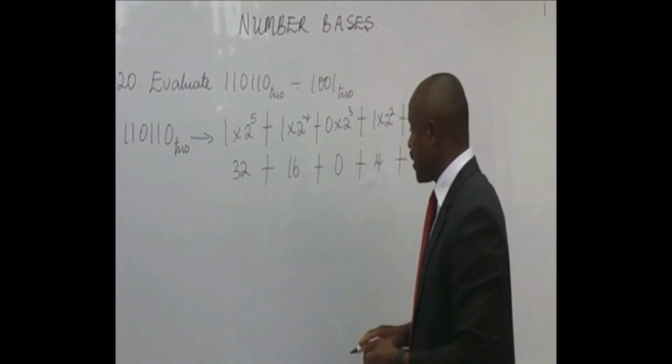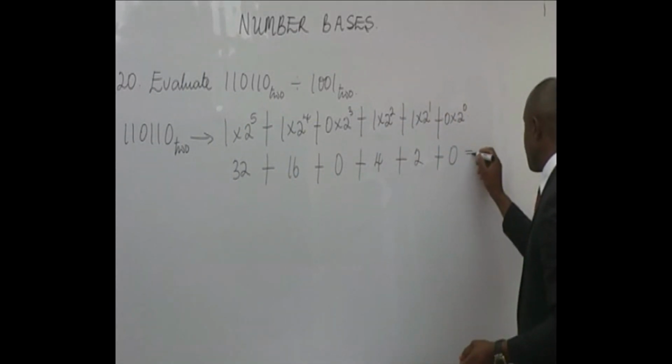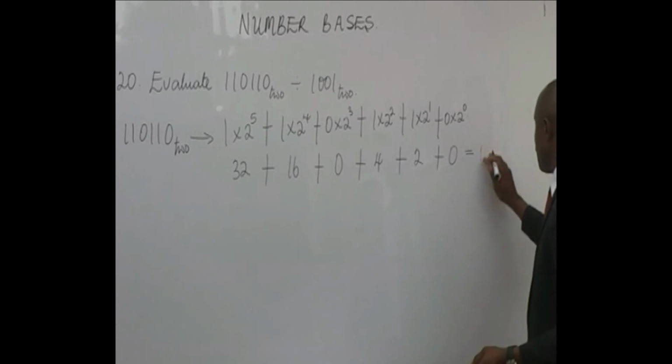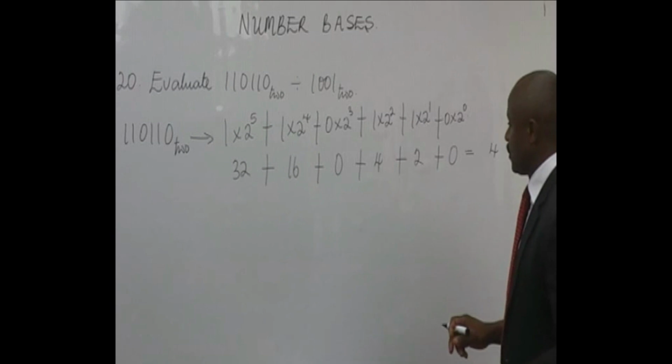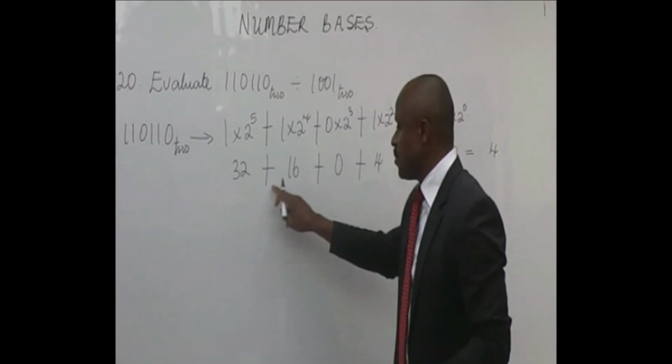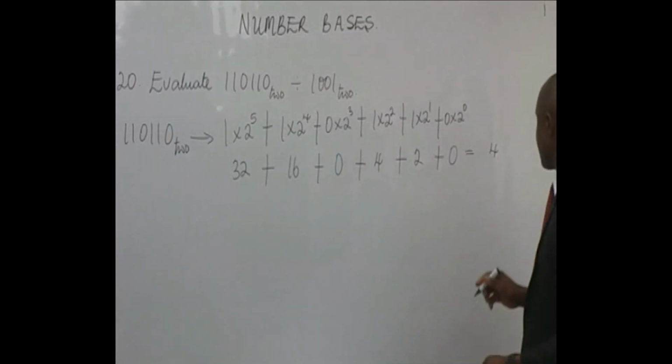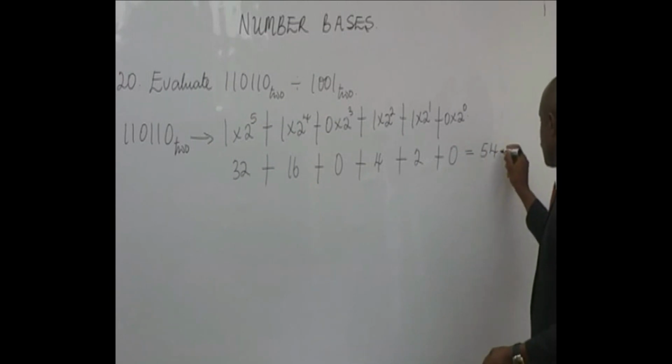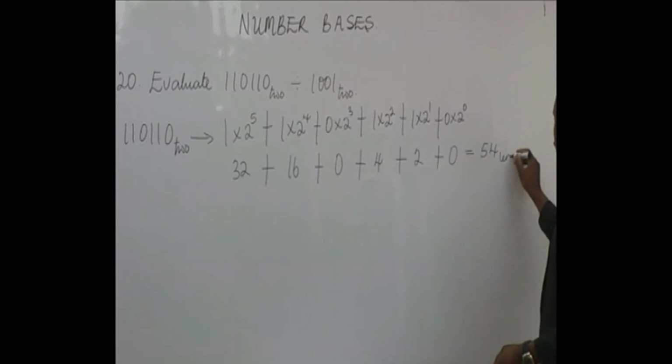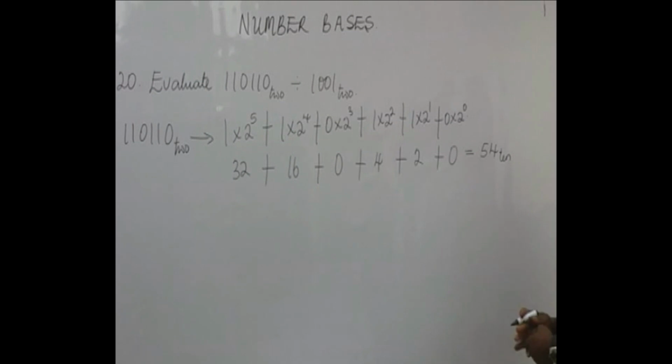Plus 2 is 14. So write 4, raise 1. 1 plus 1 is 2. Plus 3 is 5. So we now have 54 base 10.